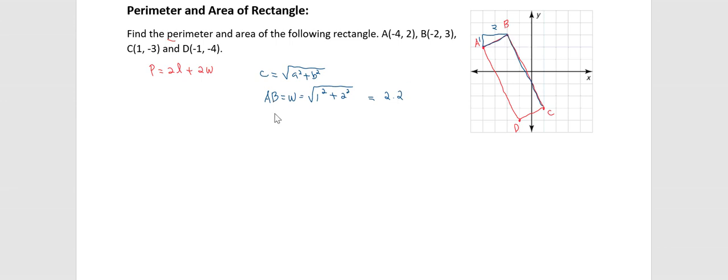And then the length of line segment BC, which represents the length of the rectangle, can be calculated by completing the right triangle starting from point D, 1, 2, 3 units right, and then 1, 2, 3, 4, 5, 6 units down.